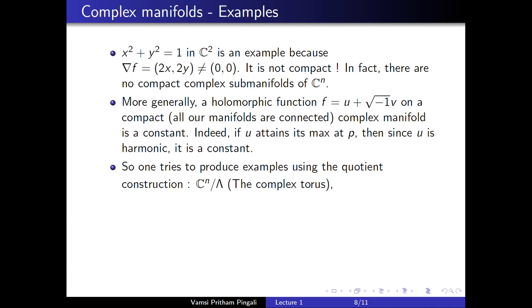Basically, you're taking R2 and quotienting out by a lattice, so you get something that's diffeomorphic to S1 cross S1 and so on, 2n terms. So it's a compact smooth manifold of dimension 2n. The fact that it's a complex manifold is also not very hard to see. You can easily come up with coordinates from Cn. Like, how do you prove Rn quotiented out by a lattice is a smooth manifold?